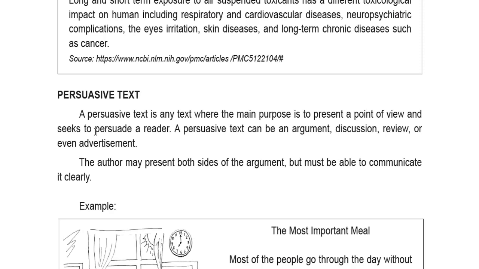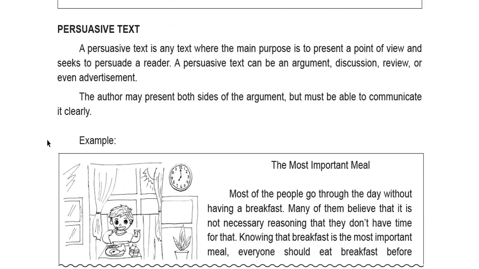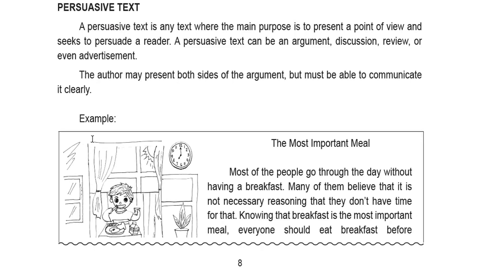It is a synonymous term to convince. Okay? So a persuasive text can be an argument, discussion, review, or even advertisement. Okay? Because you are convincing someone. So, for example, you are advertising a cell phone, so you need to convince them to buy the cell phone, just like that.